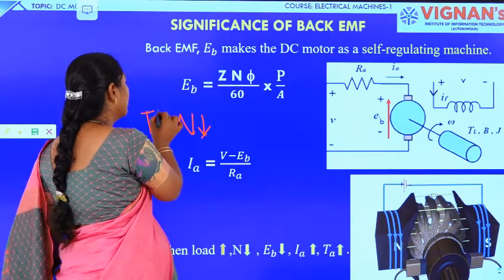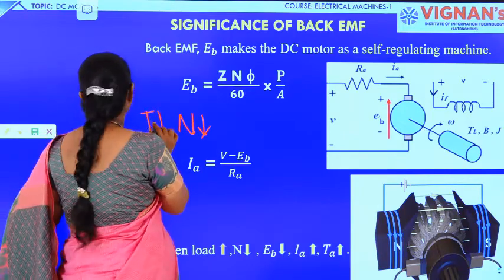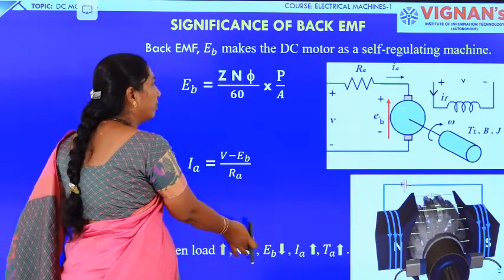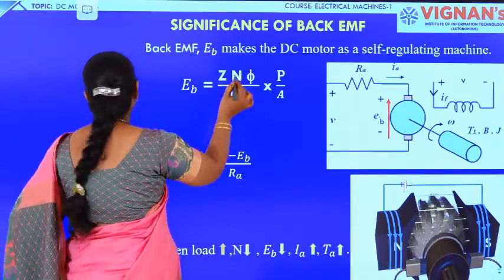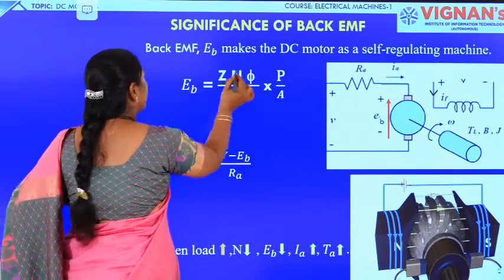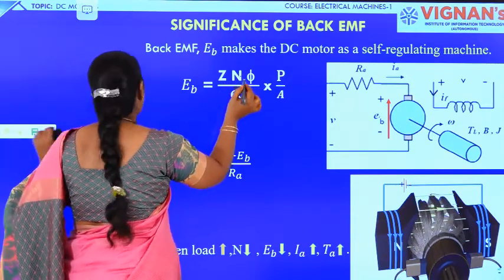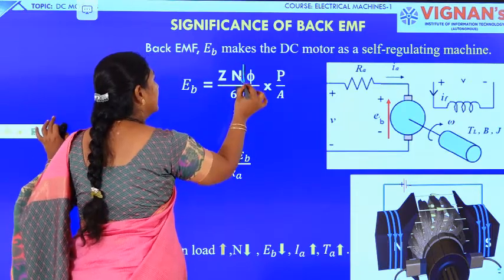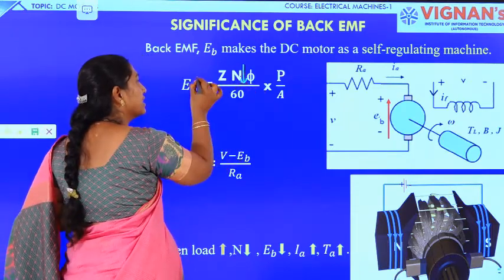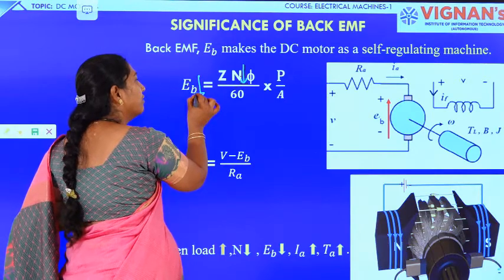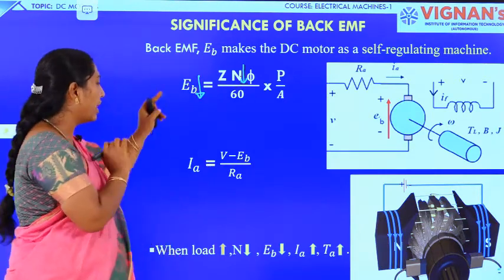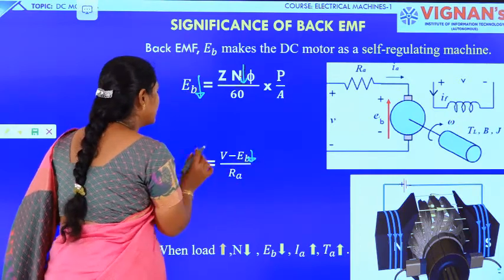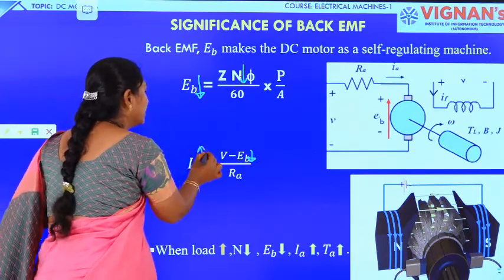So, when motor speed decreases, the back EMF will also decrease, and when back EMF decreases, as per this expression, we can see that the IA increases.